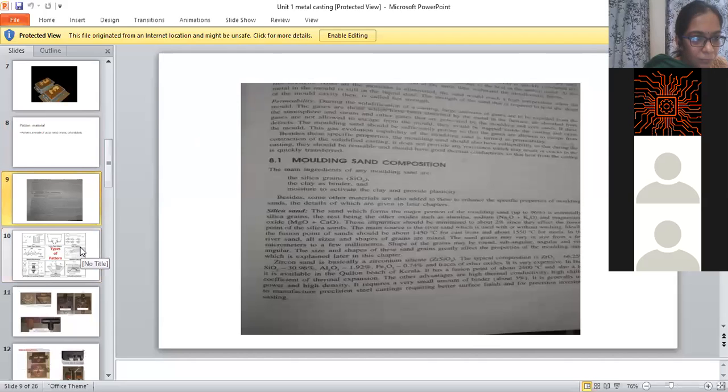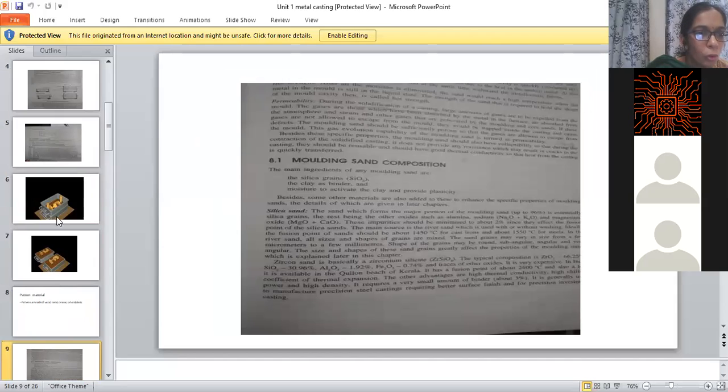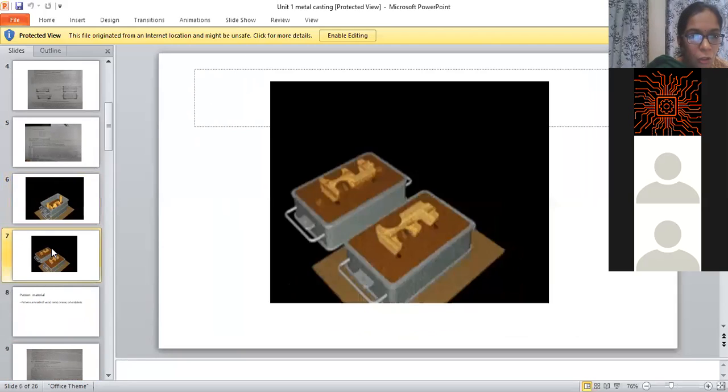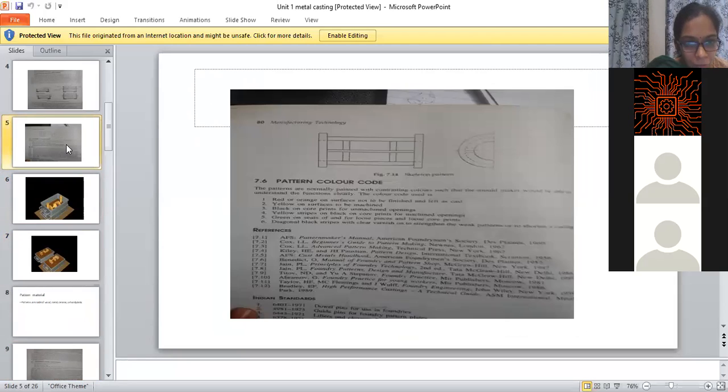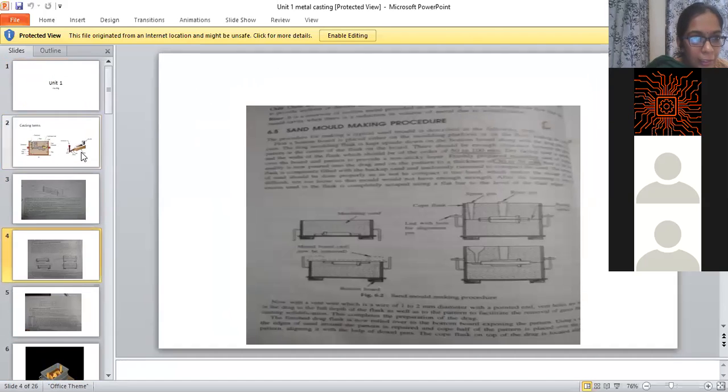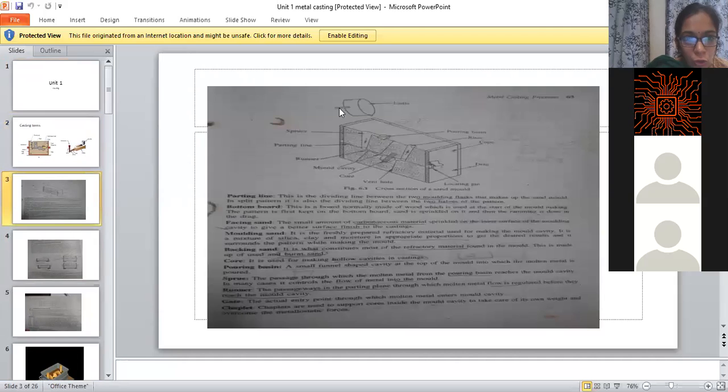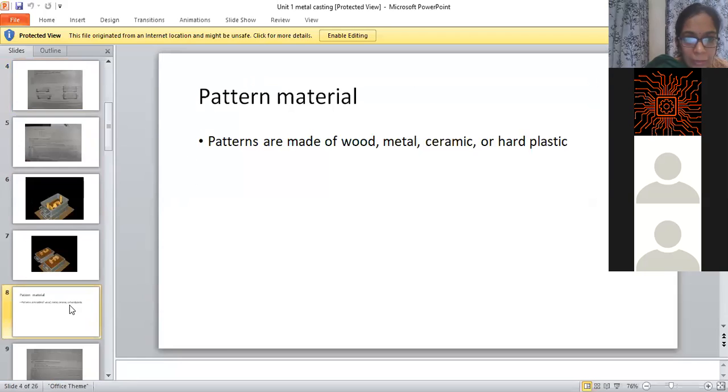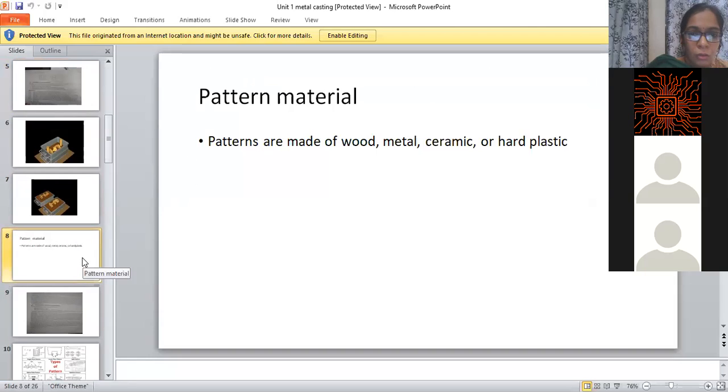Okay, so till now I have shown you a video of the molding procedure, pattern color code, and molding, then casting terms, right? So you have to draw this diagram. Then pattern materials, there are 4 types. Please remember, you will get an essay question: wood, metal, ceramics, and plastics.